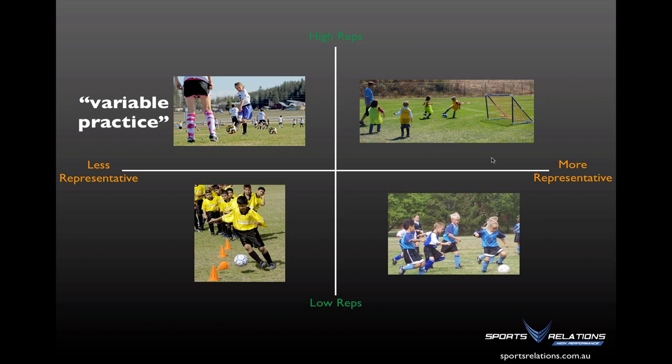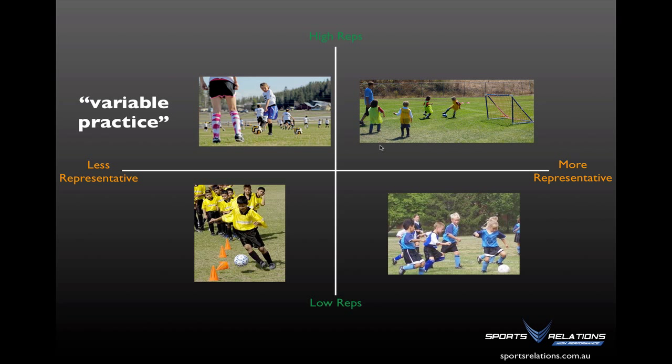So the one other point, then, is that we can perhaps move this corner here a little bit more, nudge it to the right, make it a bit more representative by making this type of practice variable.